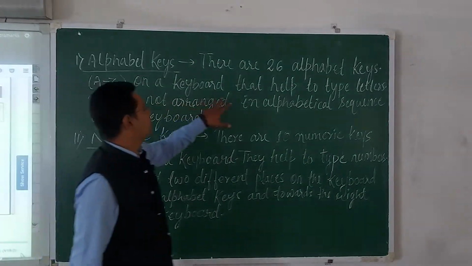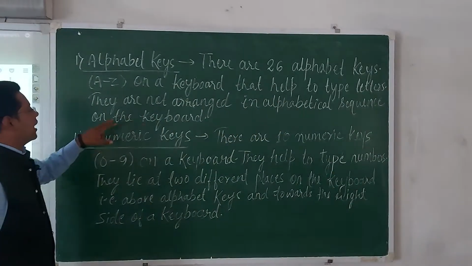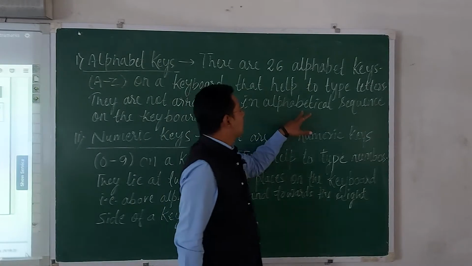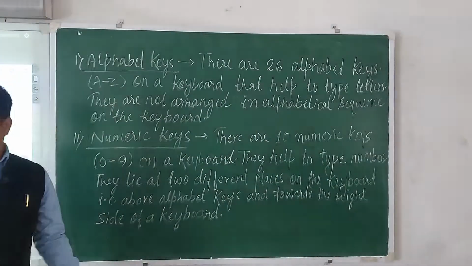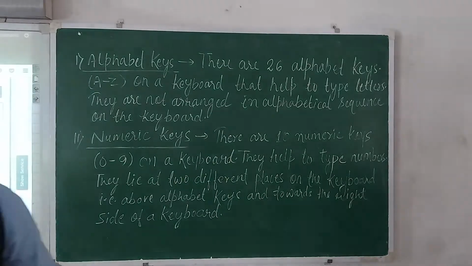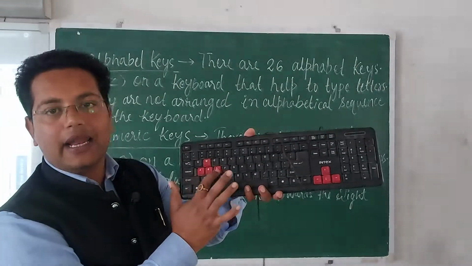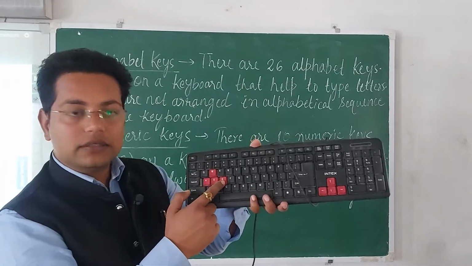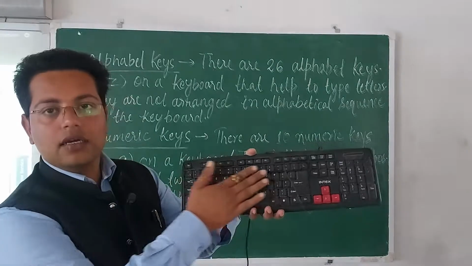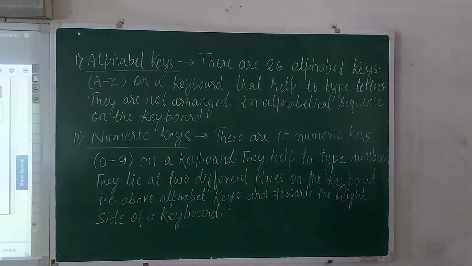So that is A to Z on a keyboard that help to type letters. They are not arranged in alphabetical sequence on the keyboard. See, you can clearly see, okay, here on this keyboard the alphabets are not arranged in order, like A, after that S is here, not B, C. So this is not in a proper order.